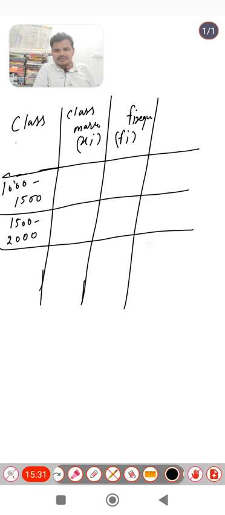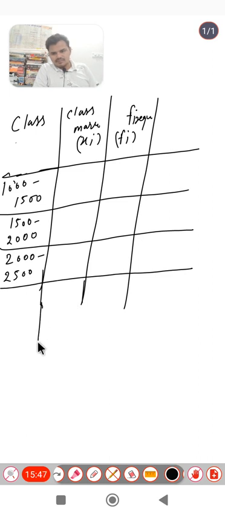We have to understand how to calculate a particular thing. That means we have to understand the steps or method. Then and only then are we able to solve any type of question. Don't hurriedly follow that. Then 2000 to 2500, and 2500 to 3000.